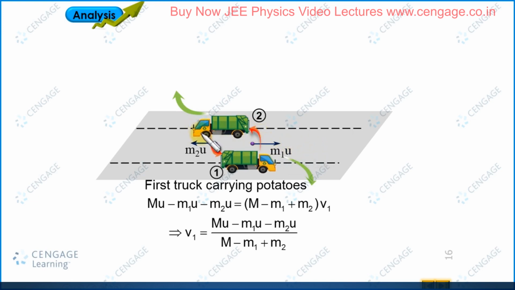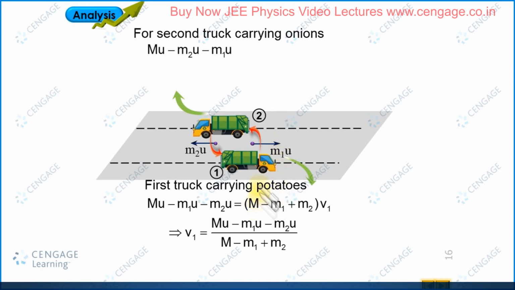So the linear momentum just before the process should be equal to capital M multiplied by u minus m2 multiplied by u minus m1 multiplied by u, right? And after the process the truck and the potato bag both move with a common velocity. The mass of the system after the process should be equal to capital M minus m2, because the m2 mass bag was removed, and the m1 mass is included.